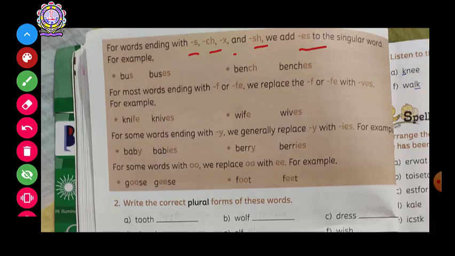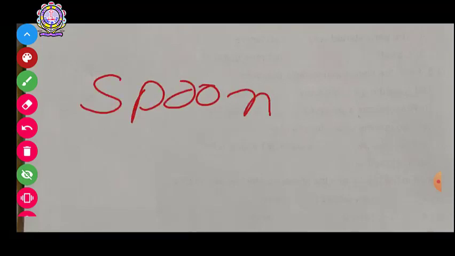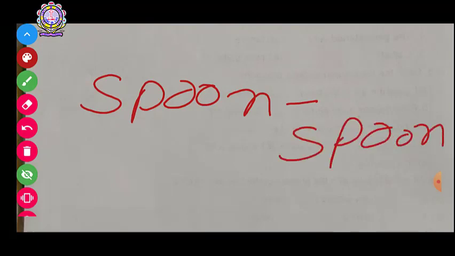Yesterday, in our previous class, we changed singular numbers to plural numbers, and in that we added S. In the previous class I told you spoon was written, and for the plural number we added S in it.